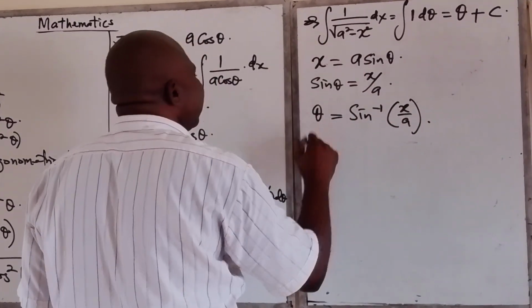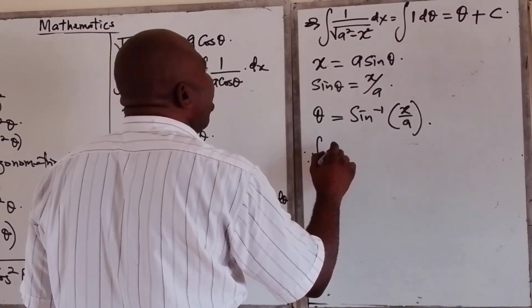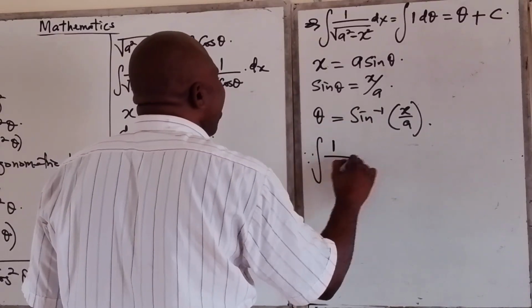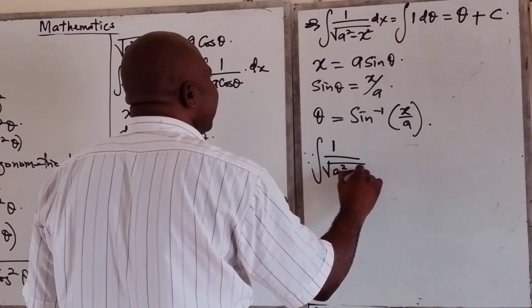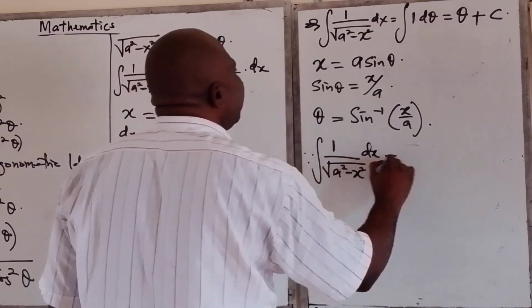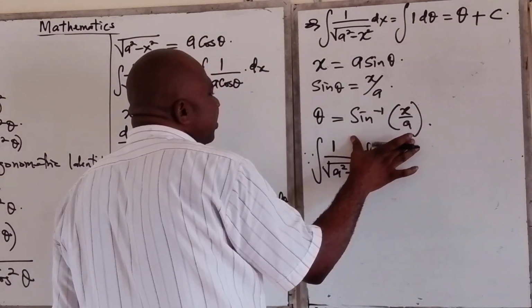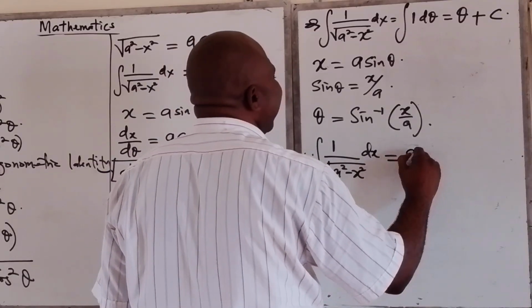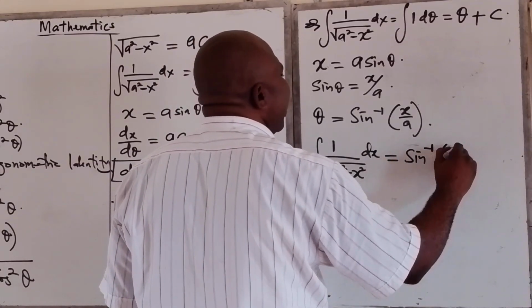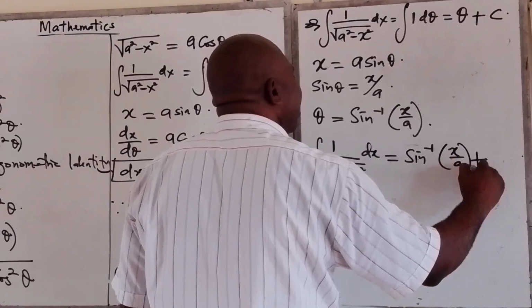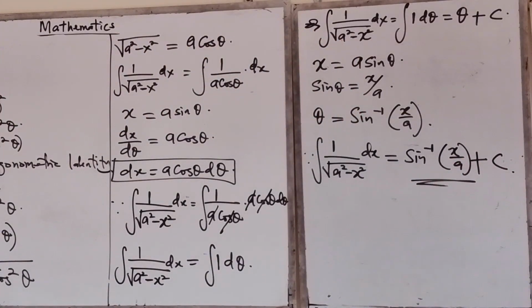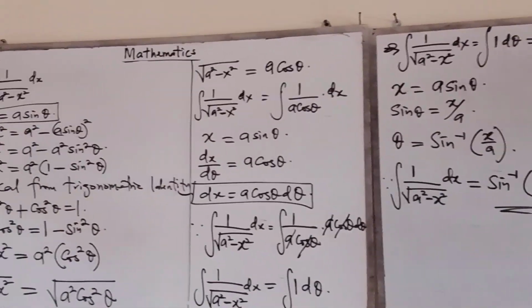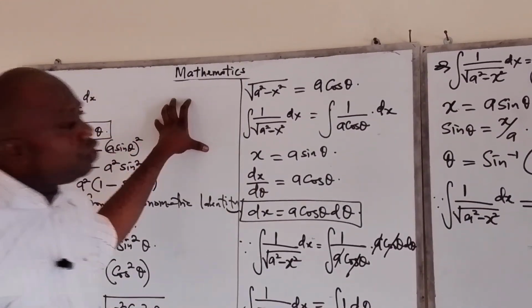So the integral of 1 all over the square root of a squared minus x squared dx is equal to sine inverse of x all over a plus constant. So that is for the B, under trigonometric substitution.